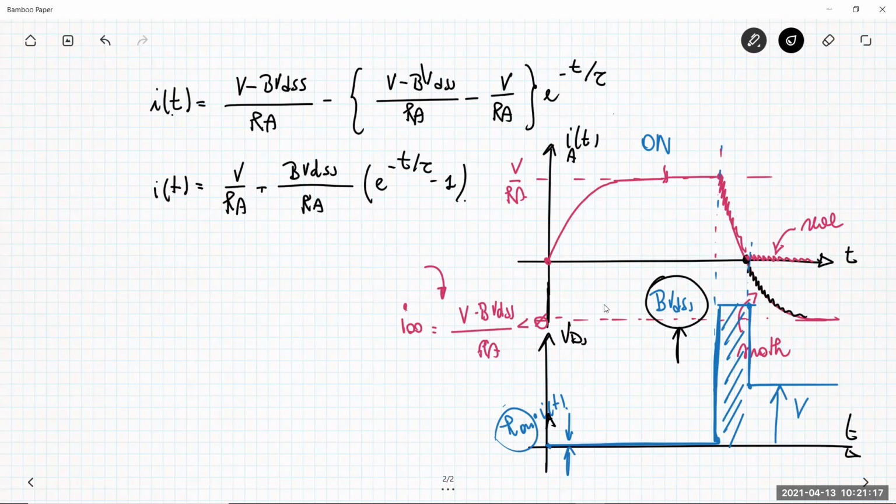For example, if your breakdown voltage is 600 volts, typically you are not allowed to reach 600 volts across the drain to source of the MOSFET when it is off. But in some situations there are MOSFETs with so-called avalanche capability that have this feature.